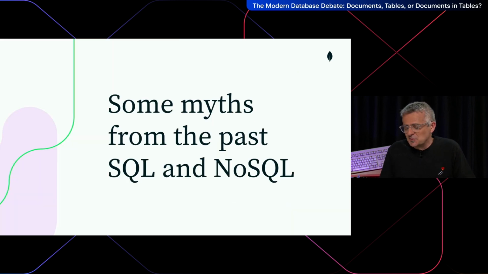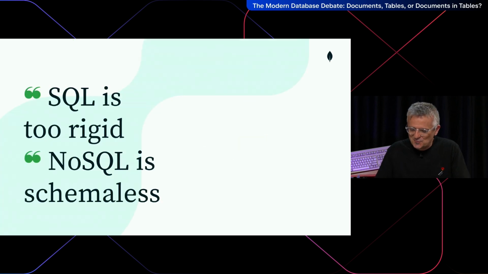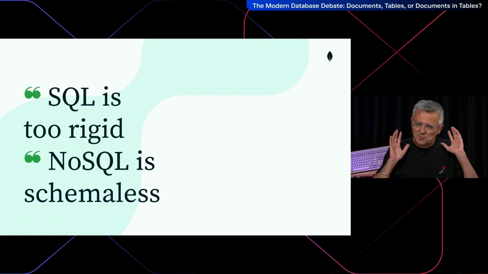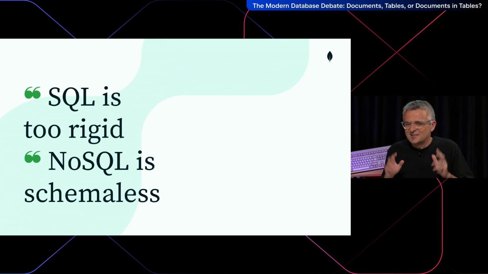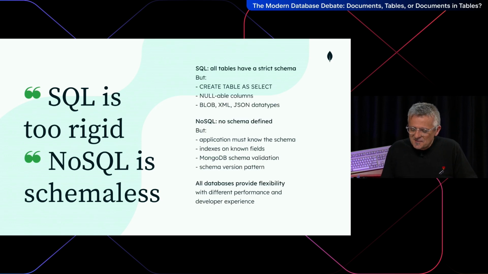But yeah, we also had some myths at that time, and I like to debunk them just to start a fresh comparison between the databases. So there is this idea that SQL is too rigid, and NoSQL is more flexible, but schema-less. At the end, if you store something without a schema, you cannot do anything with it. So at some point, you have a schema. I have a lot of text in the slides for later reference, but just mentioning that those databases have evolved.